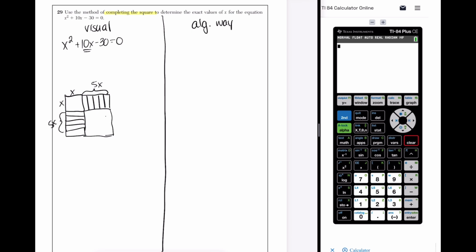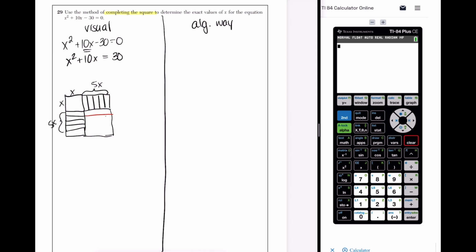Okay? So here's my x squared, here's my 10x. And I'm going to just move that negative 30 to the other side, so it is equal to 30. I'm just moving it over, okay? What would I need to fill this box is my question. What would fill it up? I'm going to change the color for a little bit.